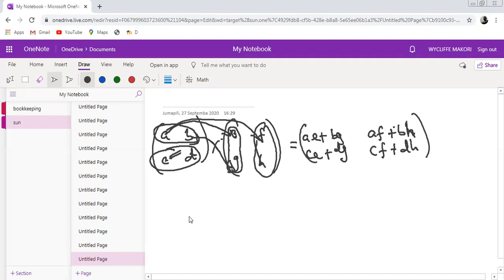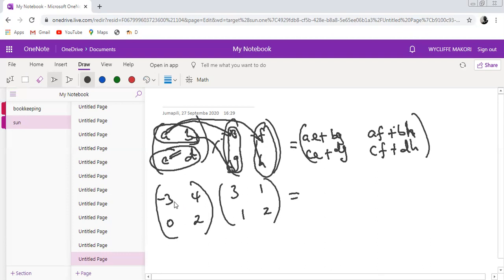Let us put now the figures. If you have negative 3, 4, 0, 2, multiplying 3, 1, 1, 2. How do we do that? We multiply the first row to multiply the two columns, the second row also to do the same.